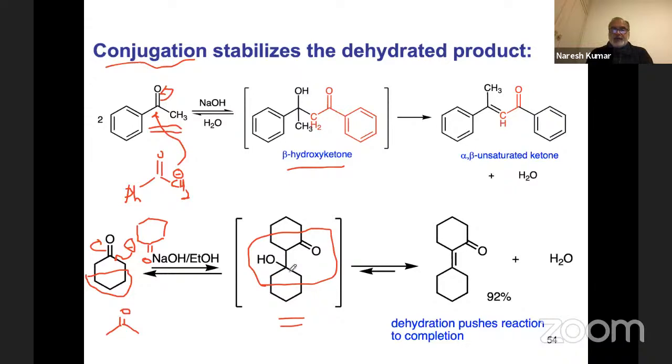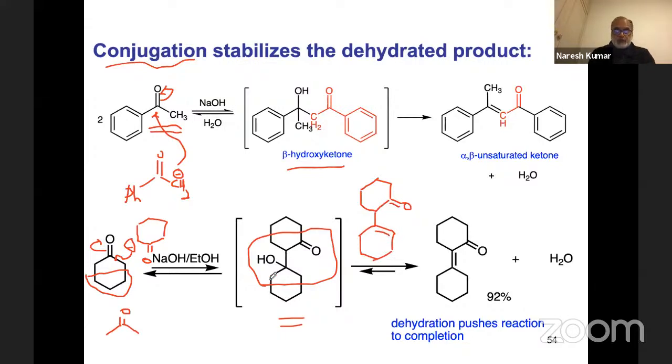Why doesn't it dehydrate the other way, so that we get the carbonyl over here and cyclohexanone over here, and the double bond goes into the ring rather than going over there?